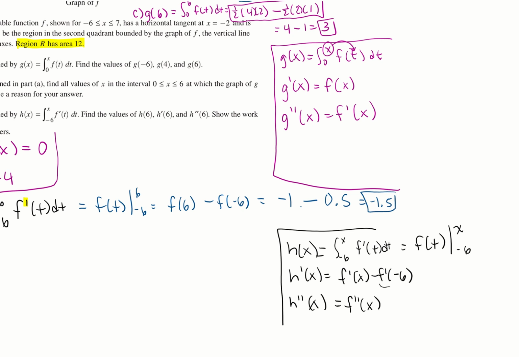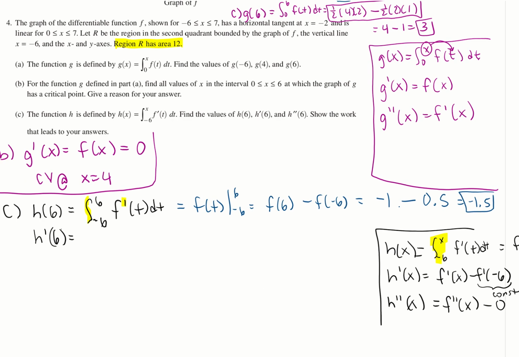And remember, this is a constant. So a derivative of a constant is just 0 right in here. I couldn't do that earlier because I was undoing the integral. I couldn't just remove f of t, f of -6. I couldn't do that. I had to actually do the integration and kind of cancel that out with the integral. So not until the second derivative does that really cancel out.